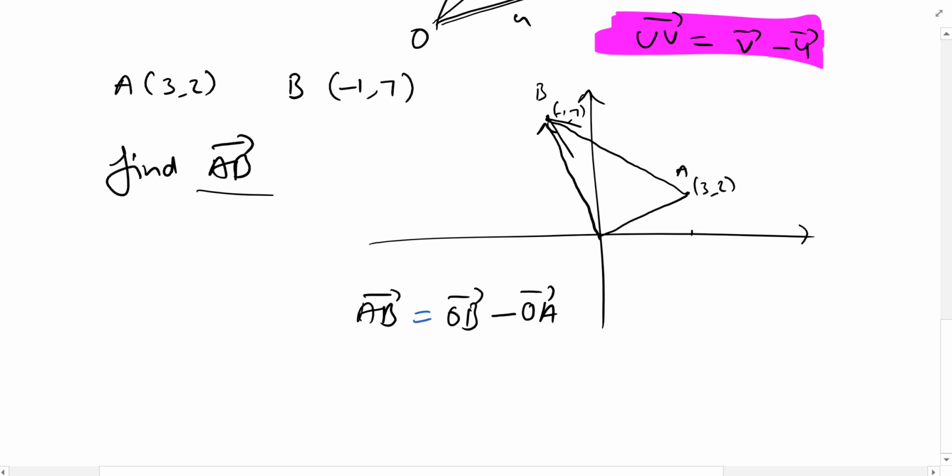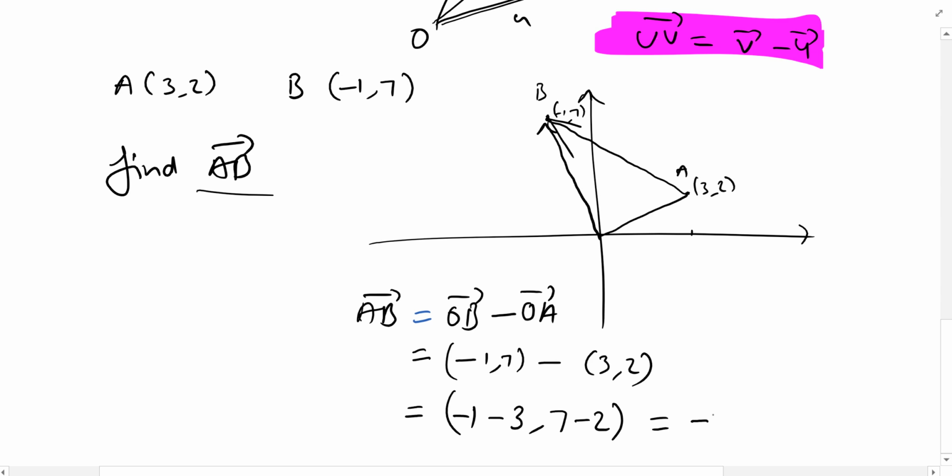The difference is that diagonal. So we substitute the values. OB is now -1, 7, minus 3, 2, so we got -4, 5. Good.